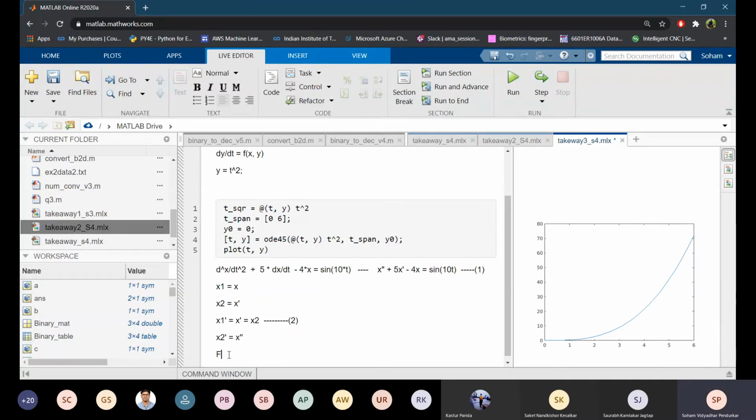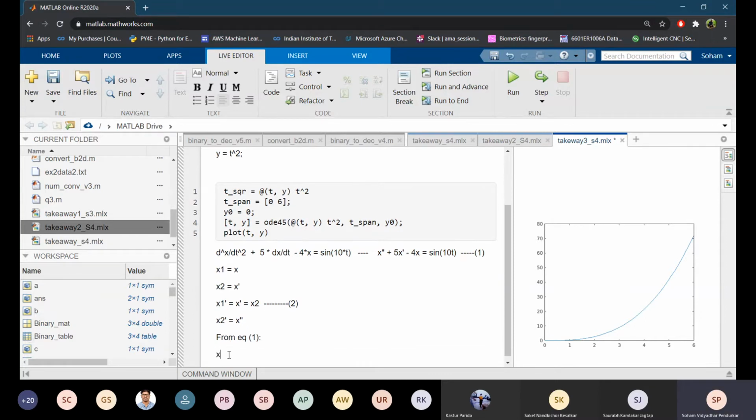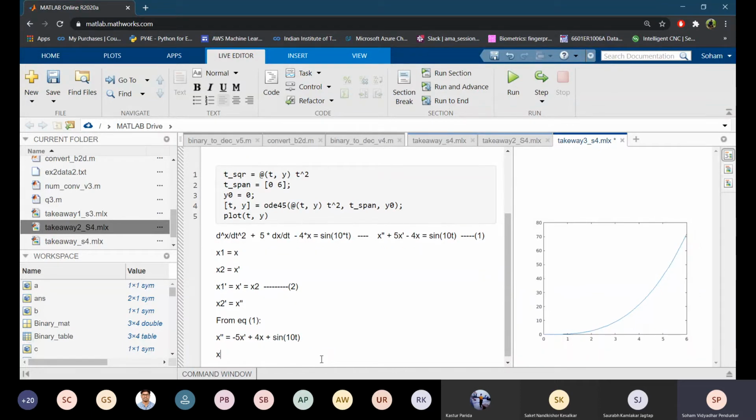From the differential equation, I can directly find x double dash equals sine of 10t minus 5x dash plus 4x. And now this is the differential equation number 3. So now x dash is, just a minute, x double dash is actually x2 dash.